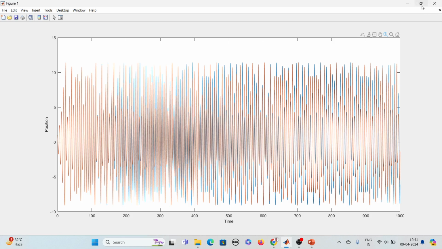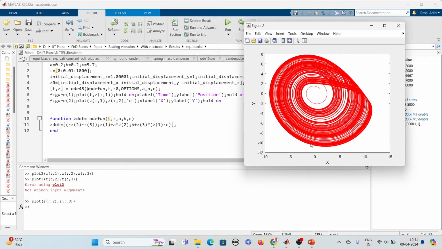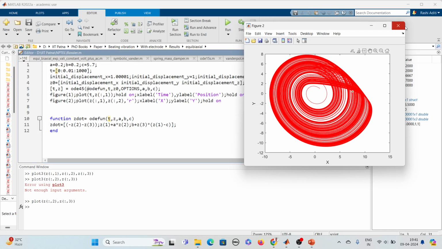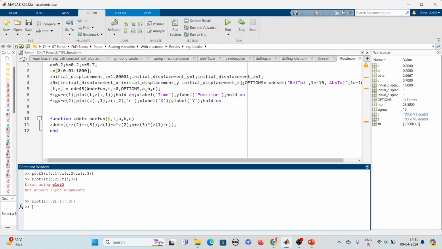There's one more thing that I would like to show you. This is the plot of x versus y. You can see that there is this circle kind of behavior. However, what is this kind of behavior? So for this, we'll try to plot the 3D curve.